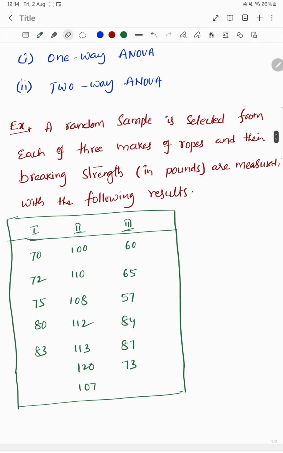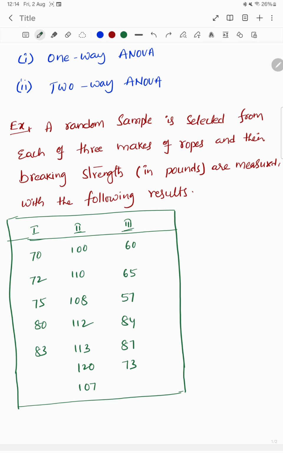So now let's go with an example based on ANOVA. A random sample is selected from each of three makes of ropes, and their breaking strengths in pounds are measured, and that measurement was given with the following results. So here rope 1, rope 2, rope 3 were taken, and their breaking strengths were given.